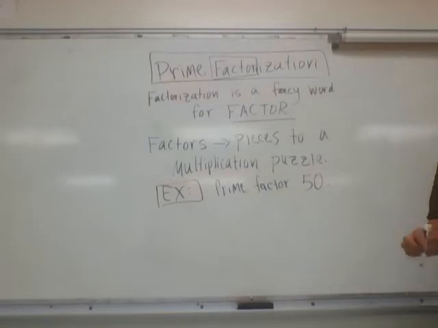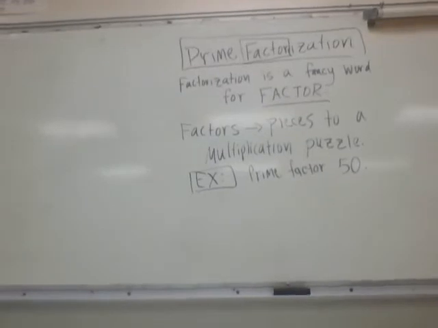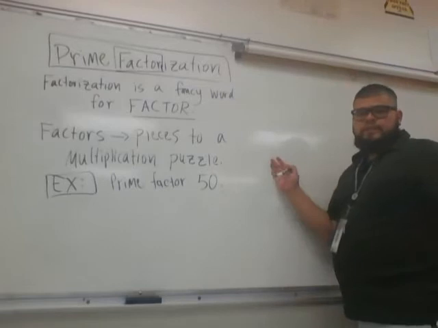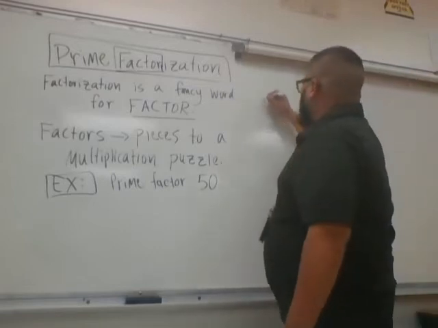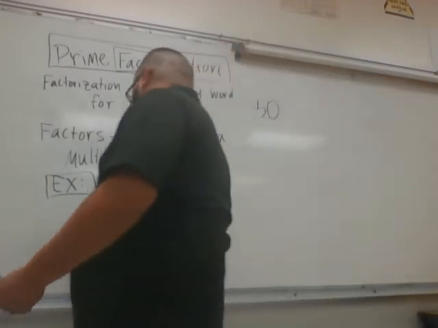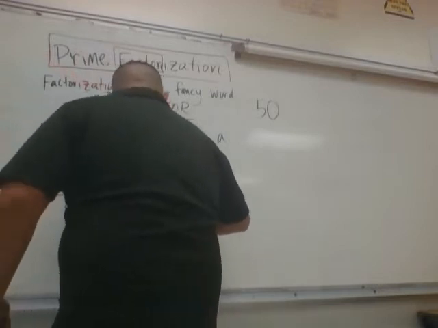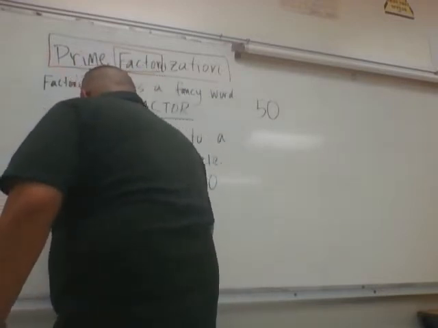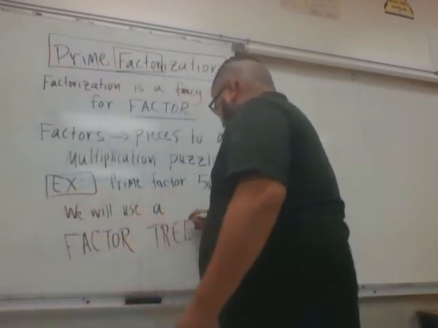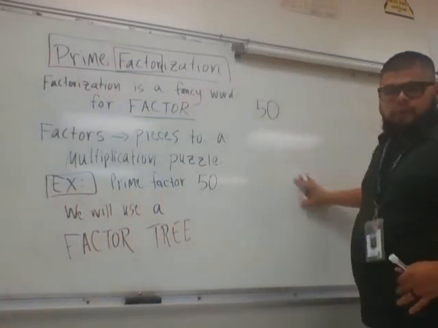Let me scoot this over just a second. Okay, so over here on this side, we're going to prime factor 50. We're going to use something called a factor tree. It's just a diagram of a tree, and we're going to break it up into its factors.